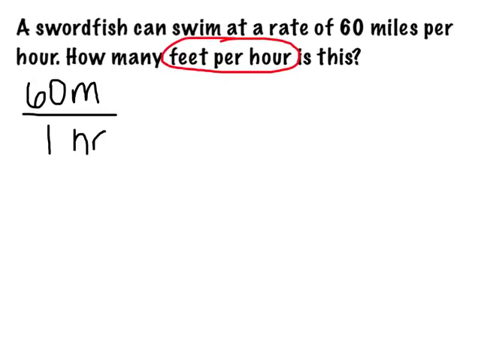So I'm going from miles per hour to feet per hour. So what do I want to get rid of? I want to get rid of the miles. So miles have to be diagonal from miles. So I need to know something that's equal to 1 mile. Do I know how many feet are equal to 1 mile?